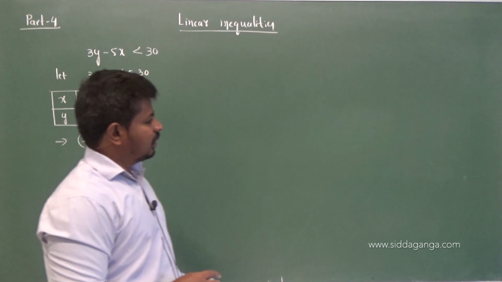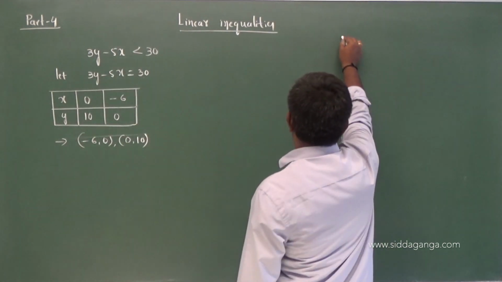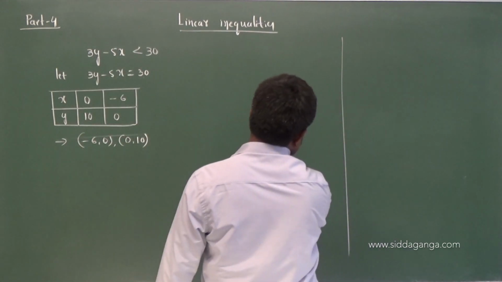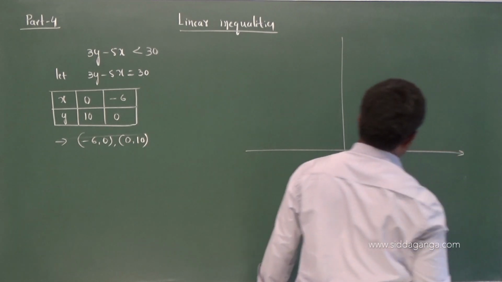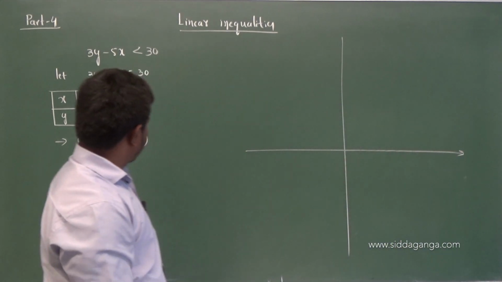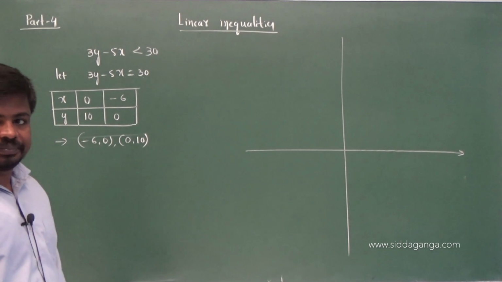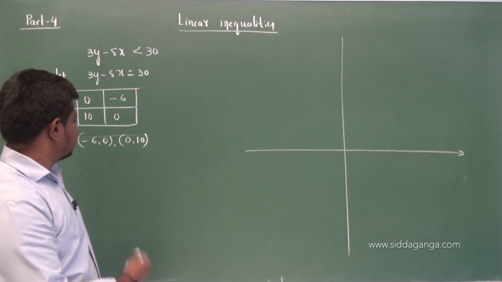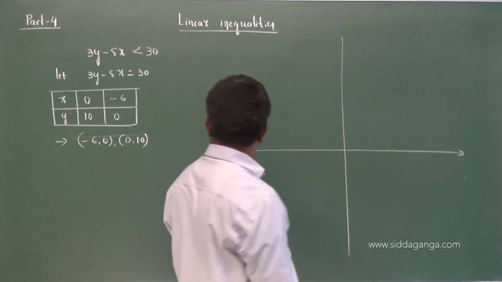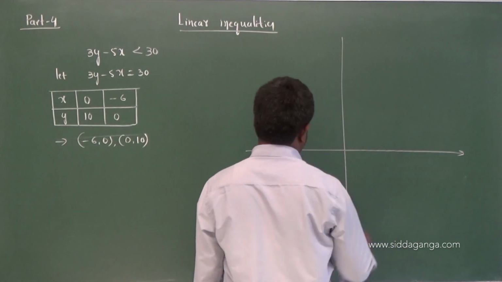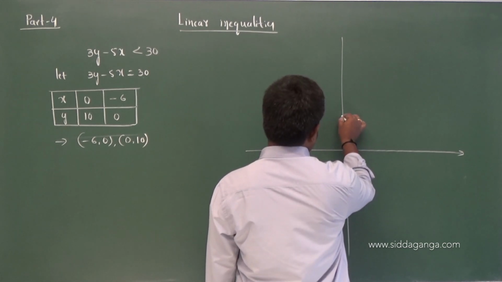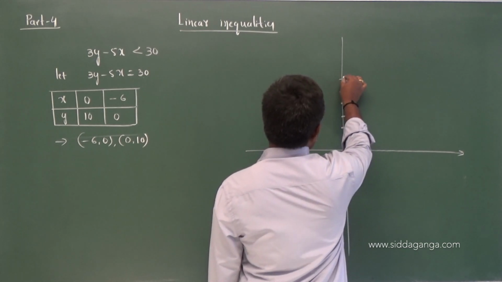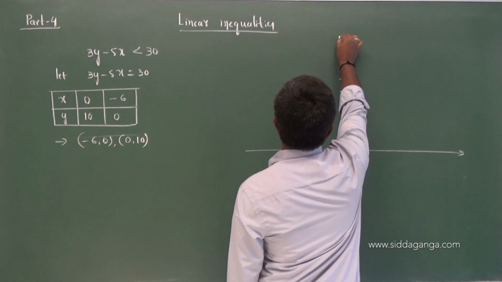If possible, take the scale as 1 unit equal to 1 centimeter, or you can take 1 unit as 2 centimeters. If possible, you can take it as it is. Let us take it as it is. 0 comma 10: 1, 2, 3, 4, 5, 6, 7, 8, 9, 10.